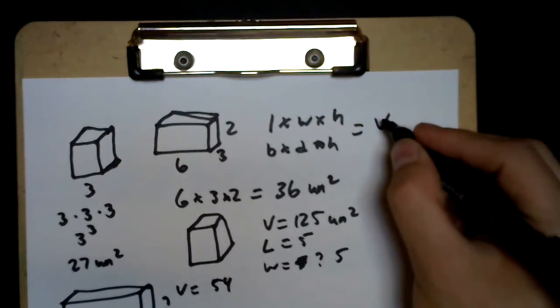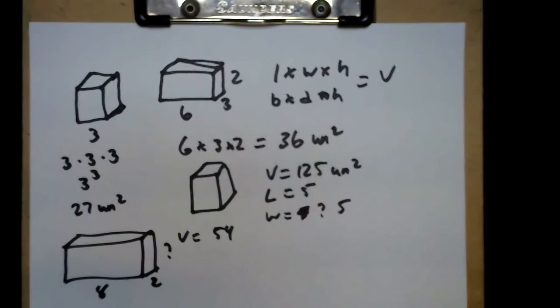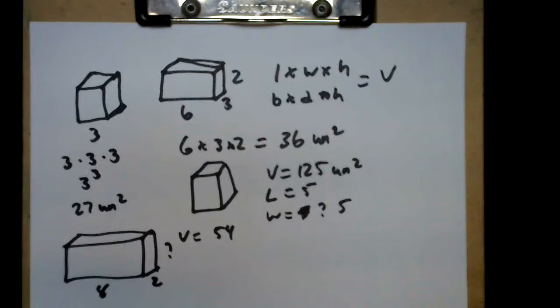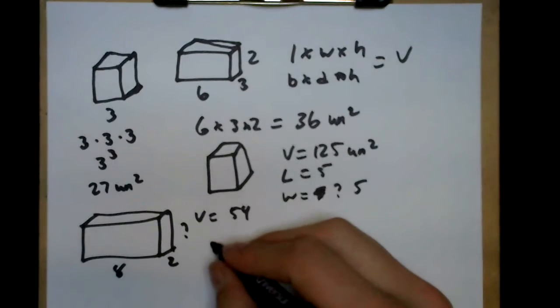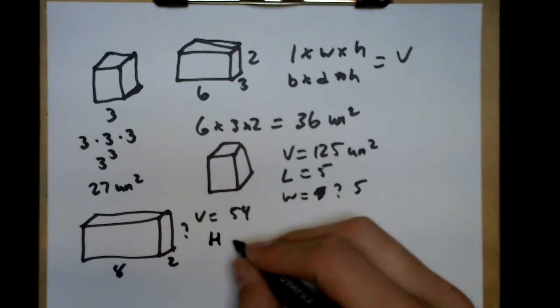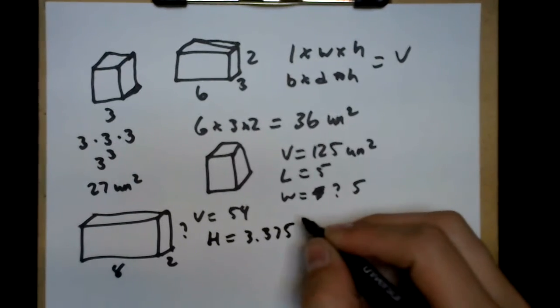So you take the total volume divided by this times this to get you the height. In short, times 8 divided by 2. It's a very odd height, but it's 3.375, we'll say.